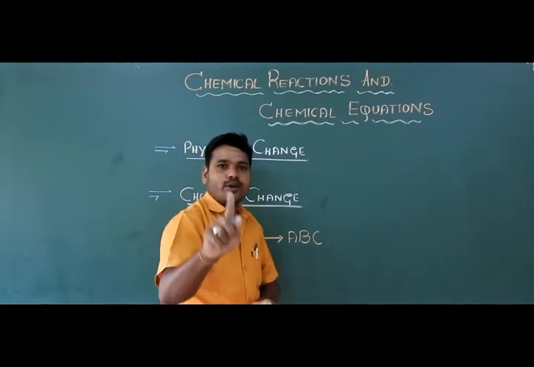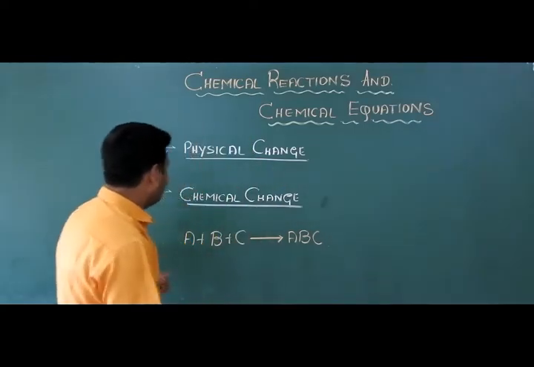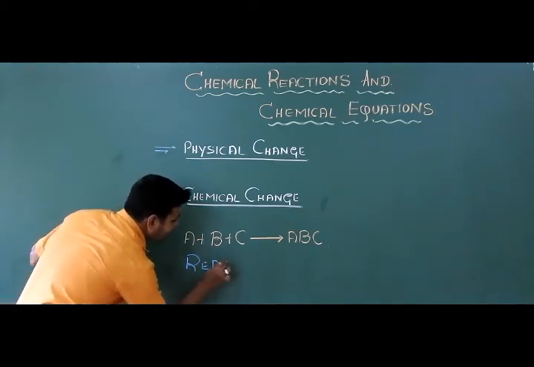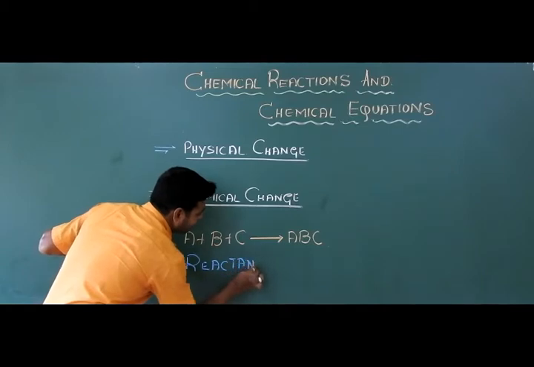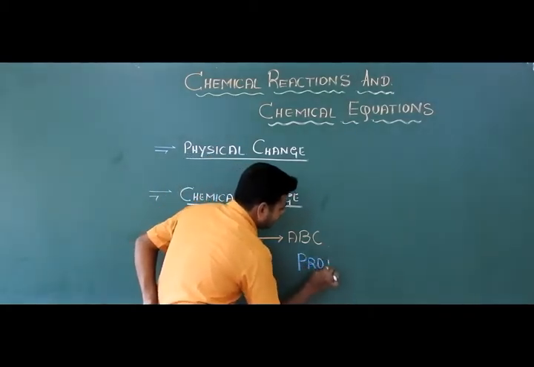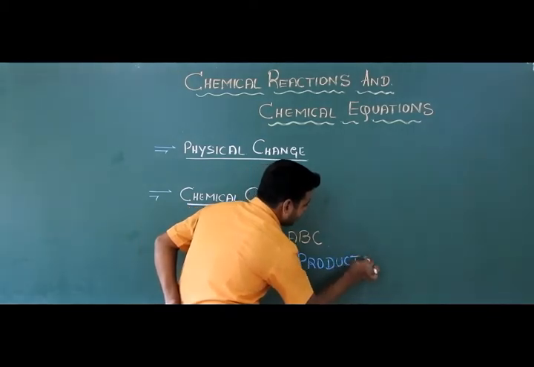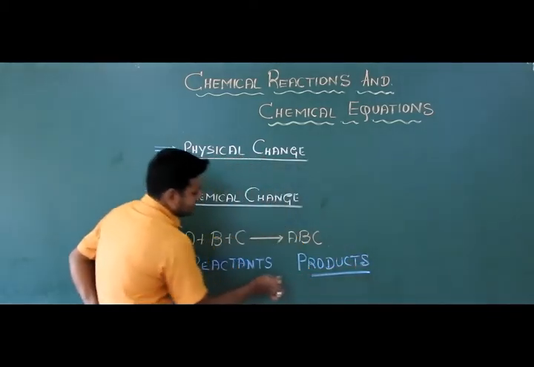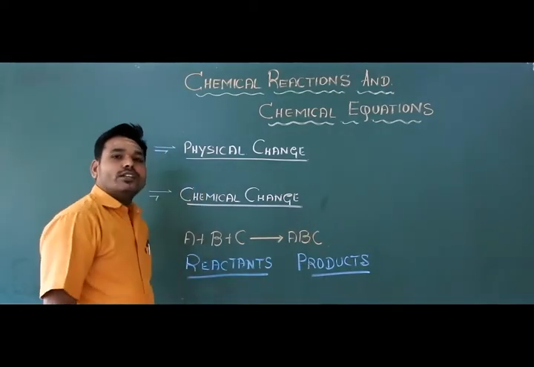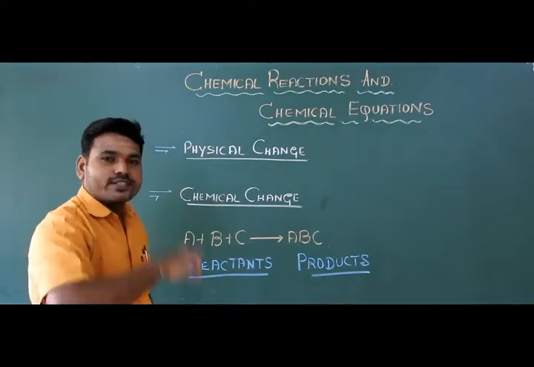The first important term used under chemical reaction is reactants, and the second term is called a product. Listen to these two terms carefully. One is reactants and the second one is called products. So these are the two important terminologies used under chemical reaction, students.